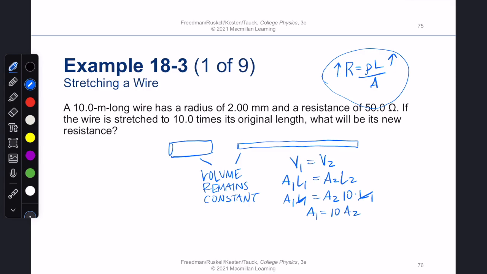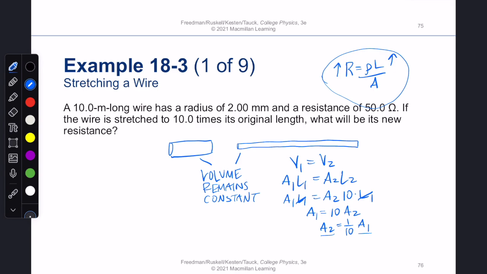In other words, if I divide by A2 and divide by A1 to switch sides, A2 is going to be equal to 1/10 of A1, right? Because I got 1 over A1 on the left, 1 over A1 on the right. So in order to express it in terms of not a fraction for A1 and A2, the constant of proportionality becomes 1/10.